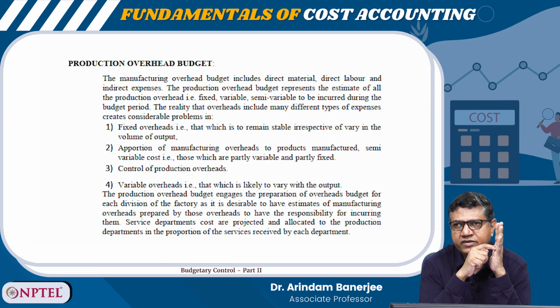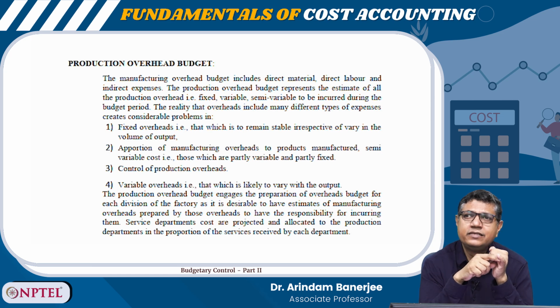So in the production budget, the first element is material, the second element is labor. The third element, which is becoming very significant nowadays because of advancement of technology, is the overhead budget. Overhead is the sum of indirect material plus indirect labor plus indirect expenses, right?